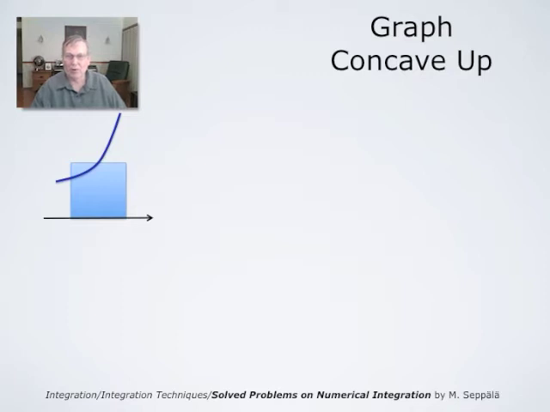To that end, recall what has been discussed in the lecture on numeric integration. If the graph of a function is concave up, then when we approximate the value of the integral with the midpoint approximation, we consider rectangles like the one shown here. Its height is given by the value of the function at the midpoint of this particular subinterval, which is the base of this rectangle.